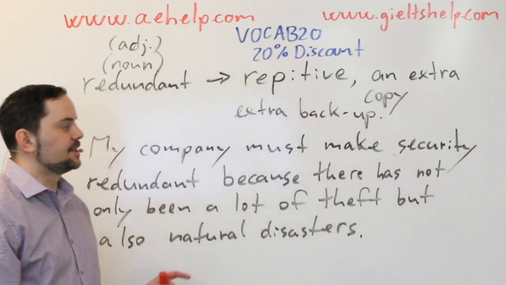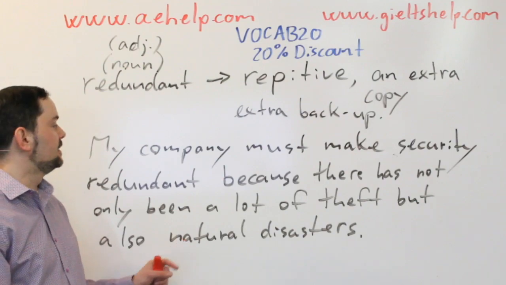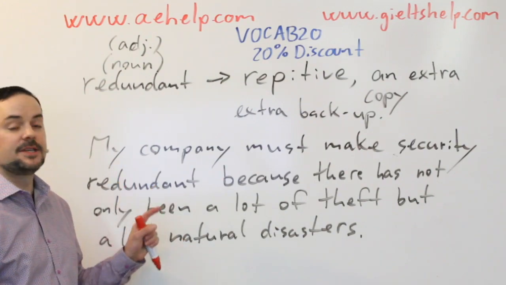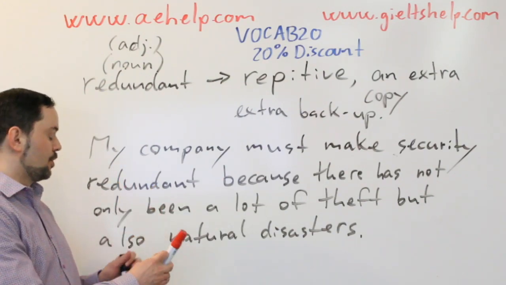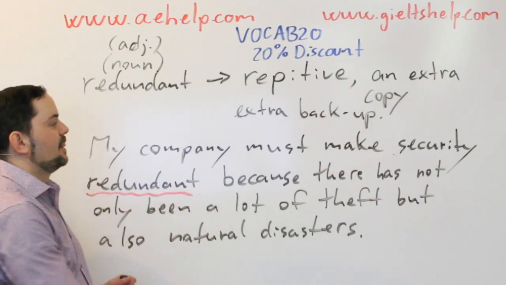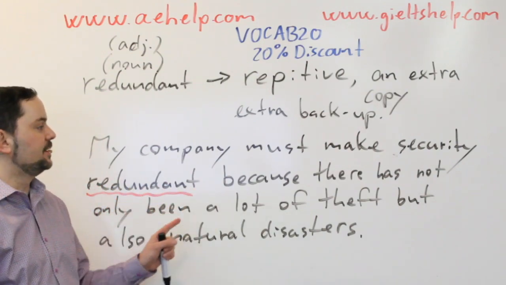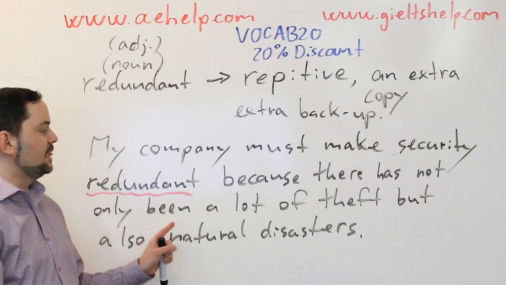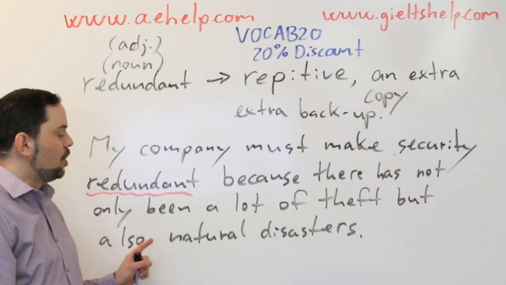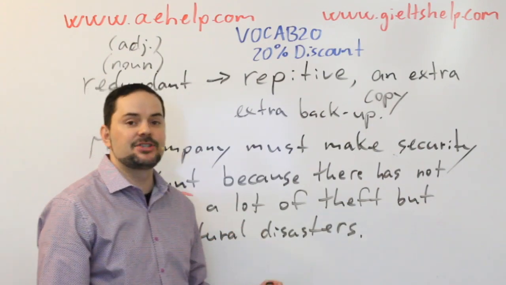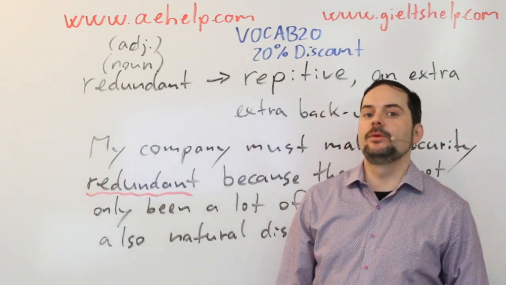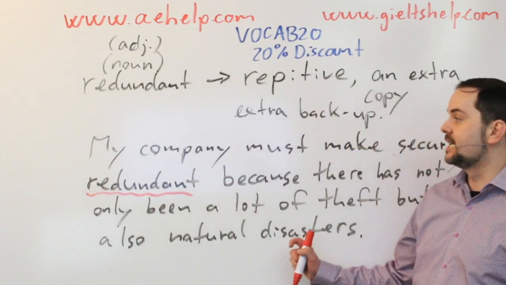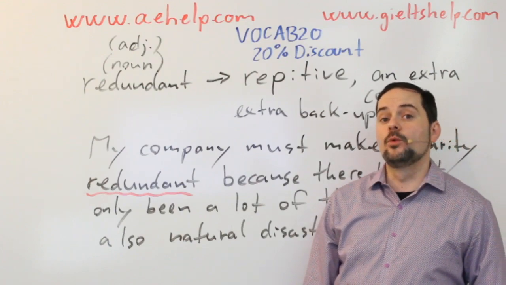Okay, so here is a nice complex sentence that includes myself, makes it interesting, and uses the word redundant. So my company must make security redundant because there has not only been a lot of theft, but also natural disasters. All right, that is a good example sentence for the word redundant.